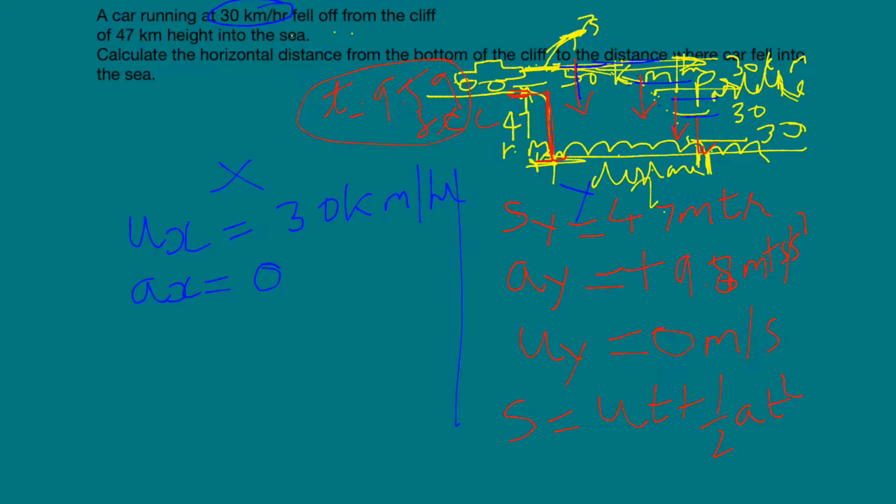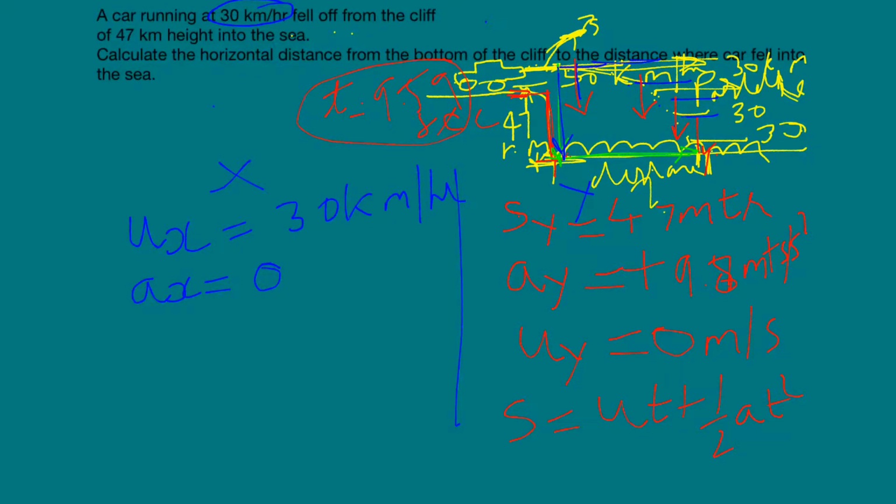For falling down from here to here, this distance time is also same. So for x and y the time will remain same only, so we can use the time value in the x-axis also.